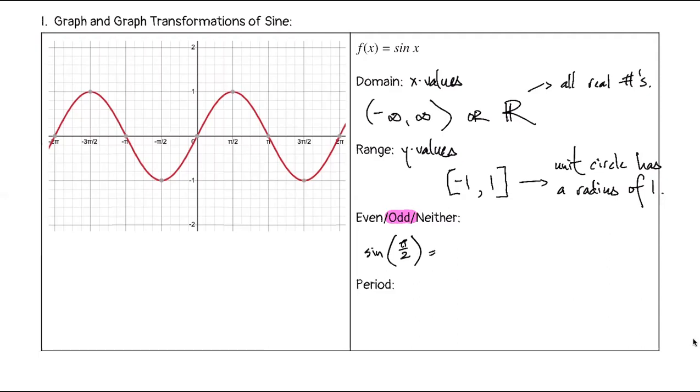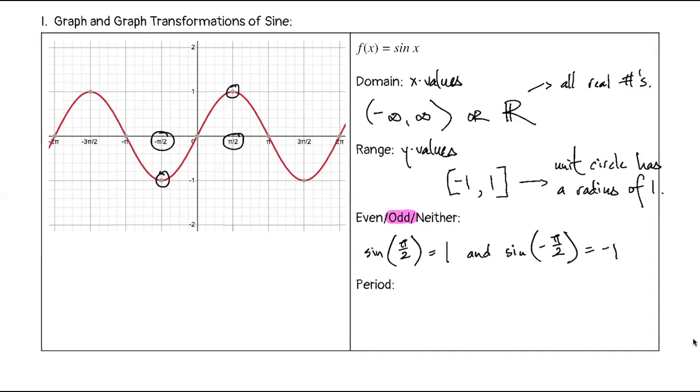Okay, so sine of pi/2, let's actually use this graph. When I go to pi/2, what is the y value there? Well, I go to pi over 2, and the y value is 1. Okay. And if I go to sine of negative pi over 2, that would be like here, that y value is negative 1.